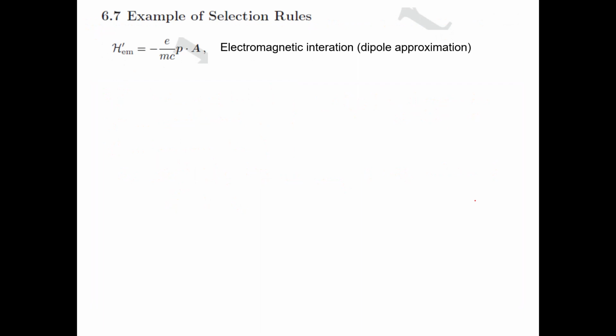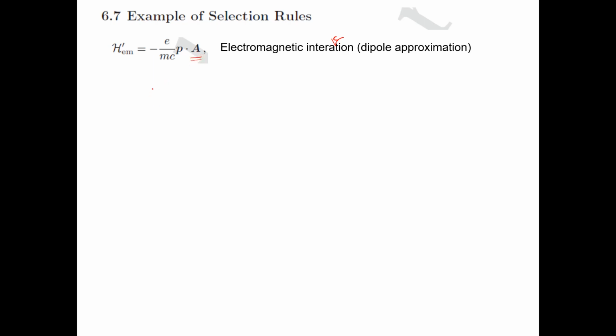Okay, so we're going to see how this works by doing several examples today. Going back to the specific Hamiltonian that most of the time we are interested in, which is the electromagnetic interaction Hamiltonian in the dipole approximation. This involves the momentum operator P and the vector potential A of the electromagnetic field. But in terms of group theory, this is essentially a constant.